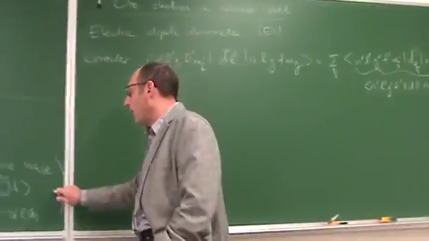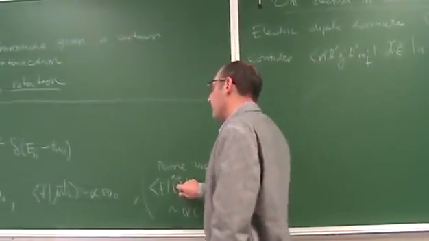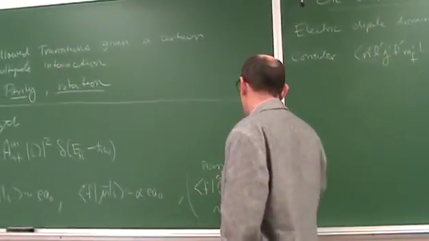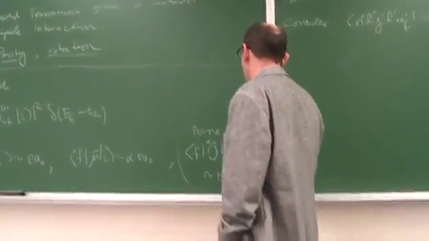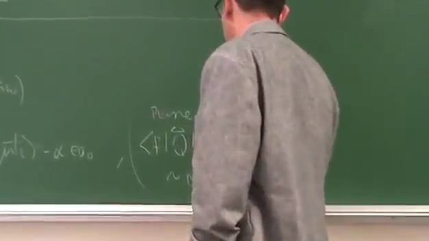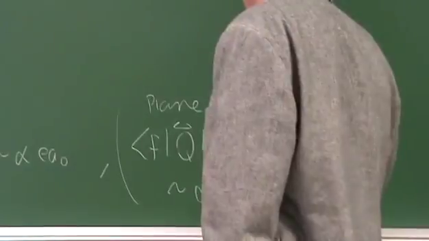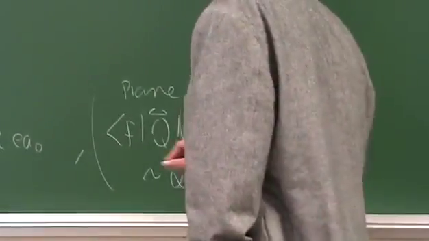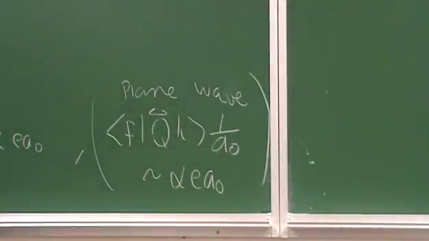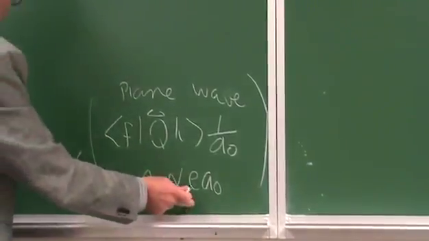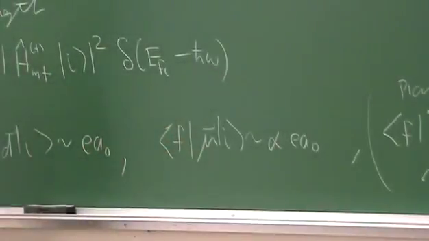Now this isn't quite right what I've written here. Of course, this interaction depends also on one over the characteristic dimension, because it depends on the gradient of the field in a quadrupole transition. So that combination has the same scaling as the magnetic dipole.